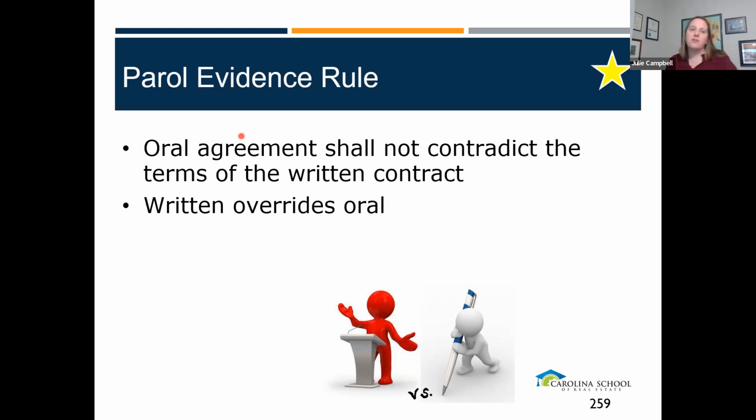So let's say, for example, the seller lists their property for sale, and they say in their advertisement, refrigerator to remain with acceptable offer. The buyer sees that the seller is willing to leave the fridge. They make an offer.